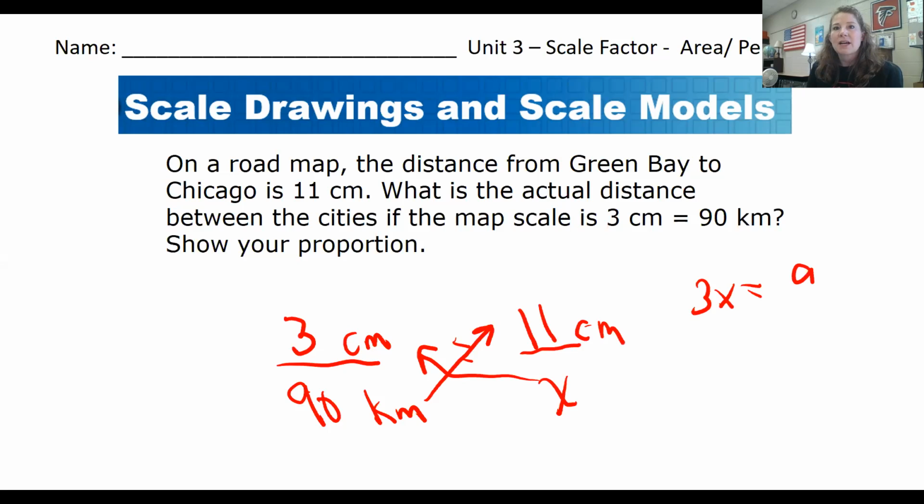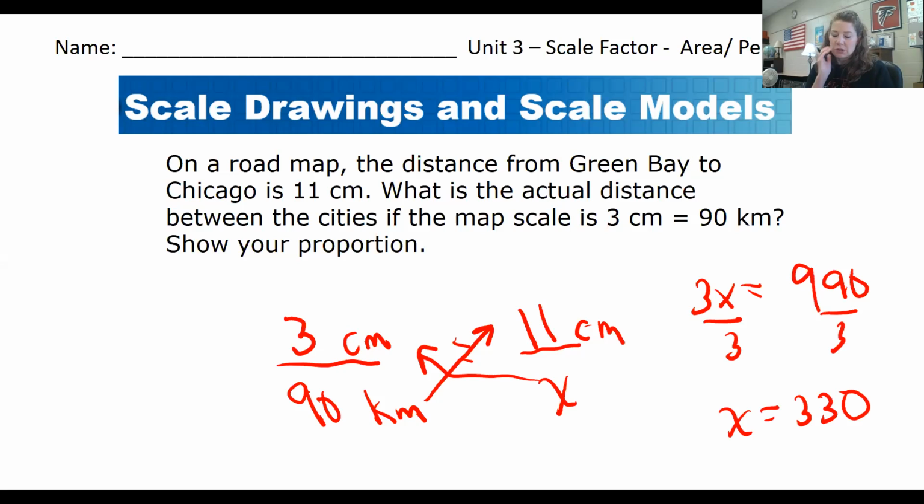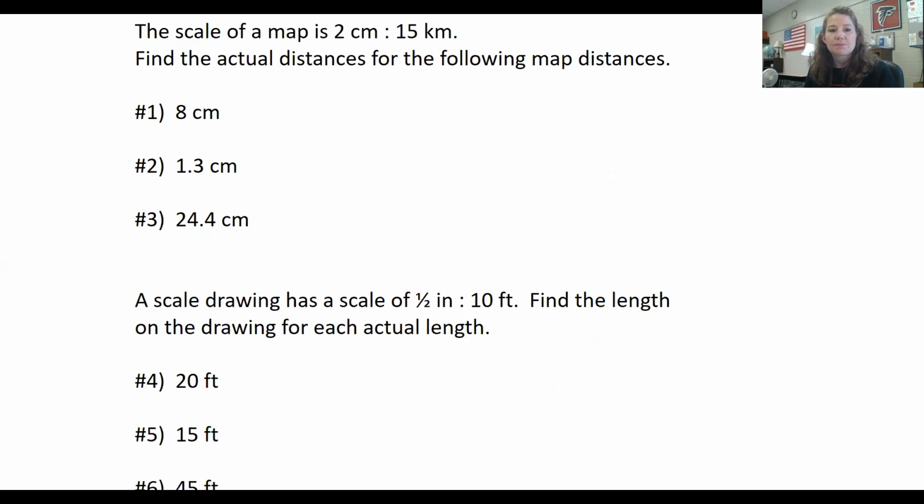And then how do I solve for x? I divide both sides by 3. So x is equal to 330. 330 what? 330 kilometers. Okay. All right, the next one.